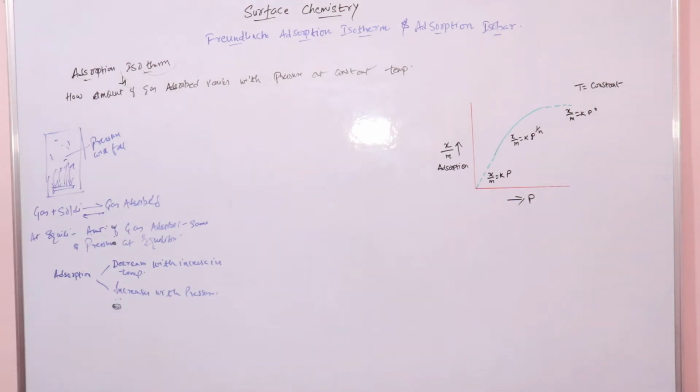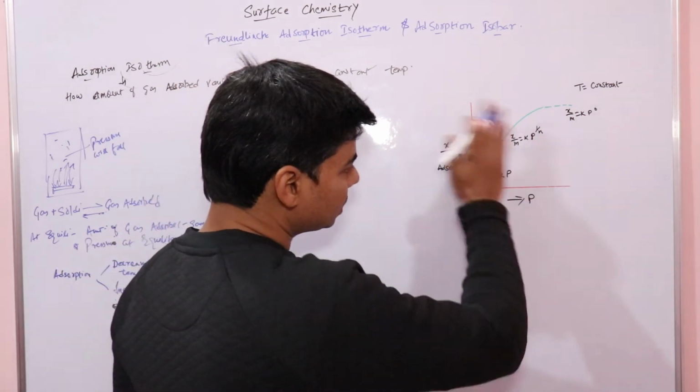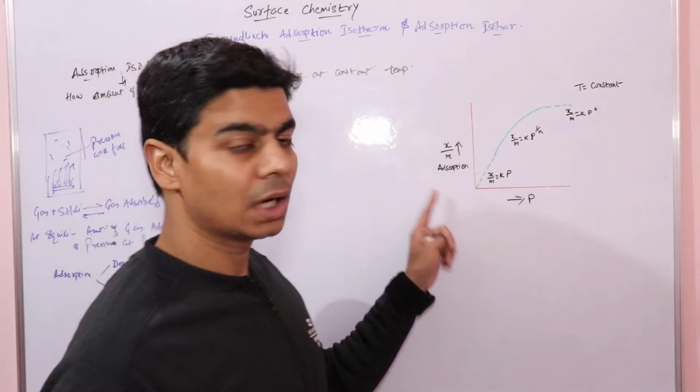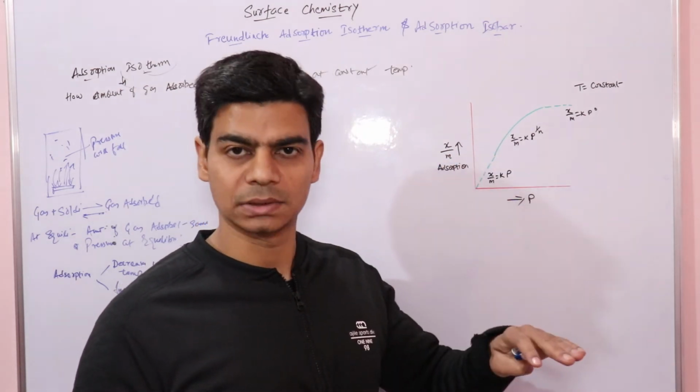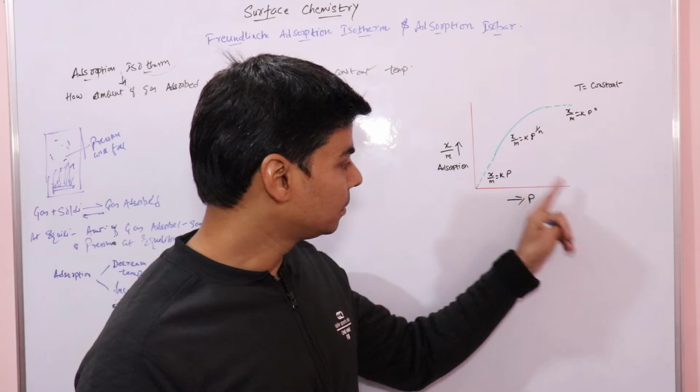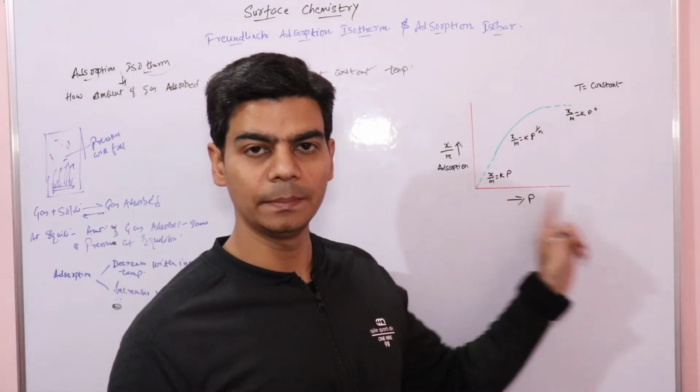Now let's come to this graph. This graph shows us the relationship between the amount of gas that gets adsorbed on the unit mass of the adsorbent, and how this amount of gas adsorbed varies with pressure.